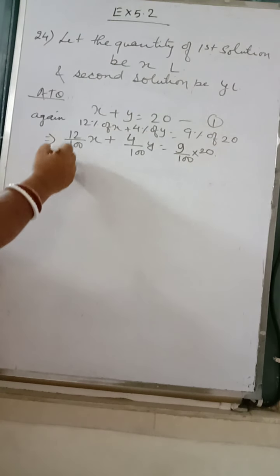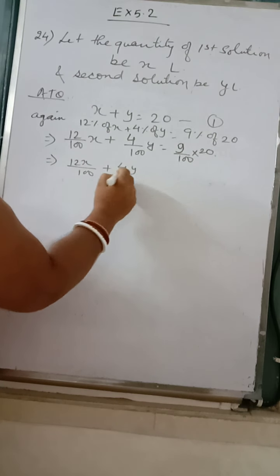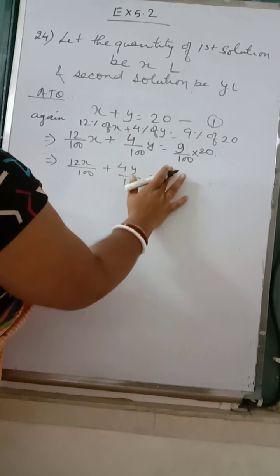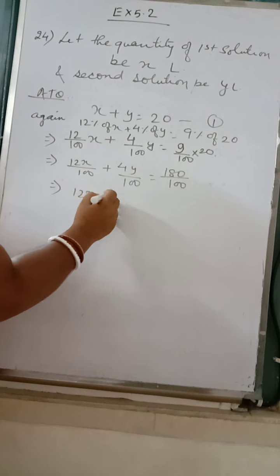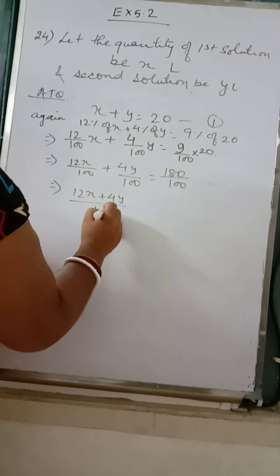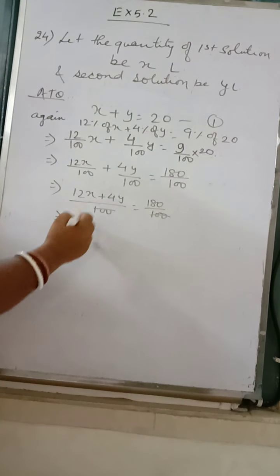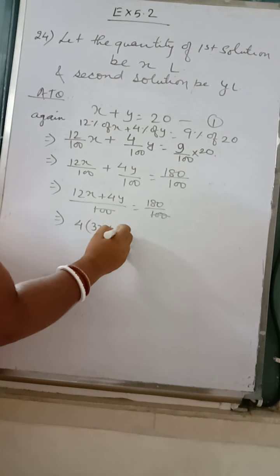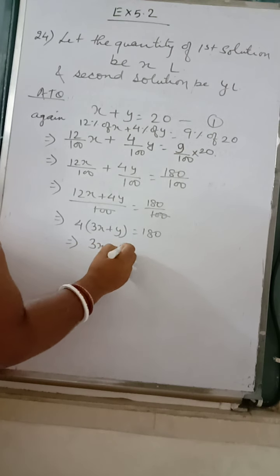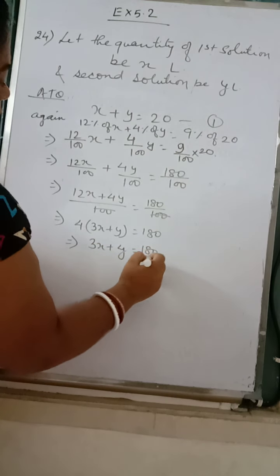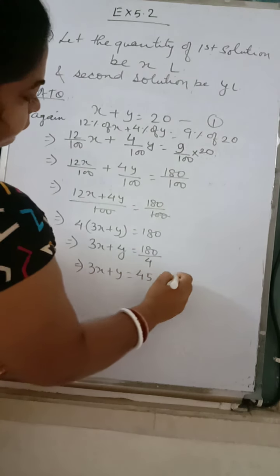It gives you 12X by 100 plus 4Y by 100 is equal to 180 by 100. Now add: 12X plus 4Y by 100 is equal to 180 by 100. 100 cancelled. I have taken 4 common. 3X plus Y is equal to 180 by 4, 3X plus Y is equal to 45.